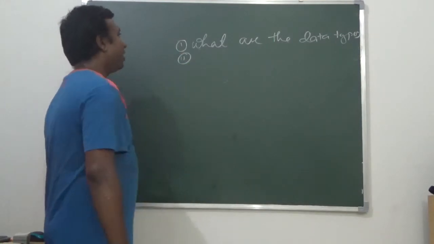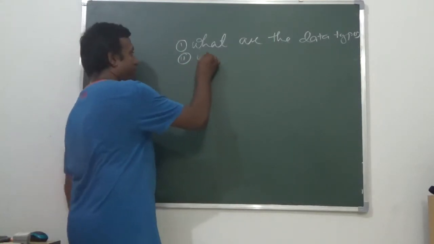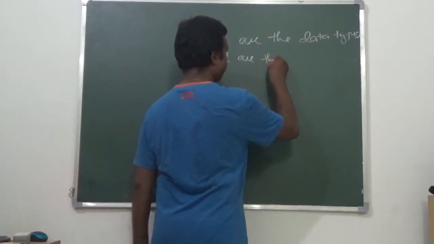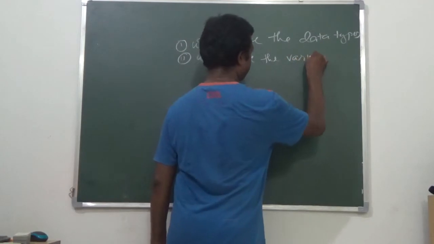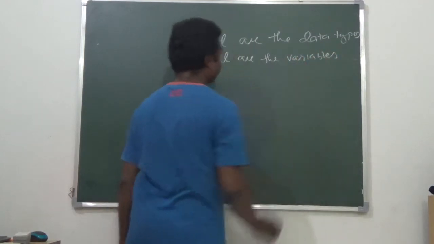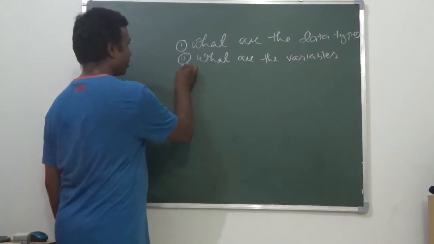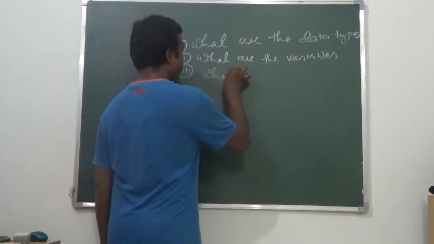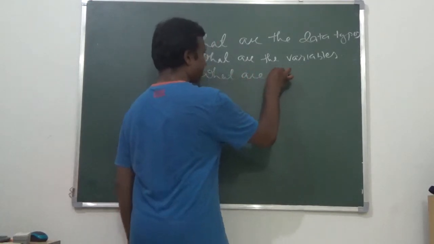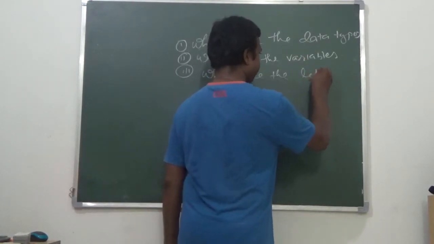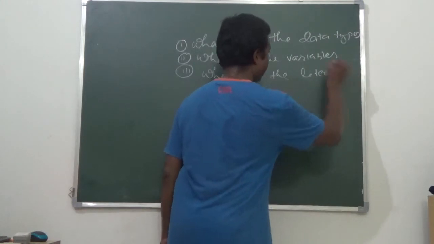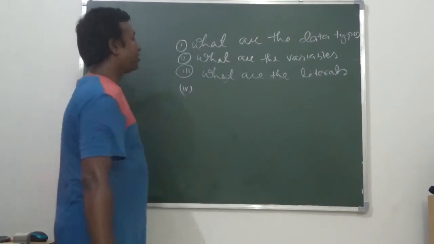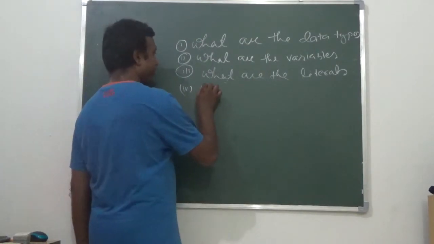Second, what are the variables? The third point we are going to identify is: what are the literals? The fourth point we are going to identify is keywords.